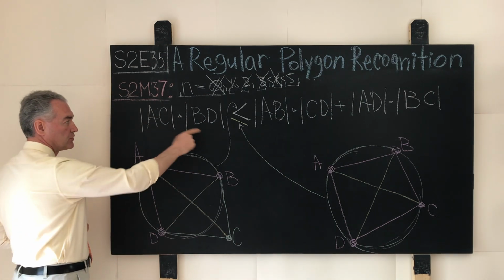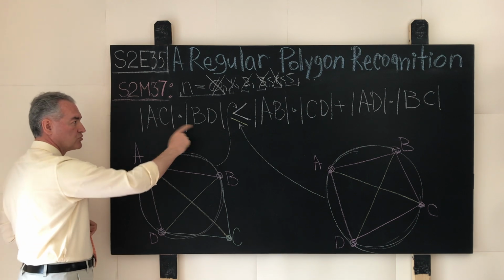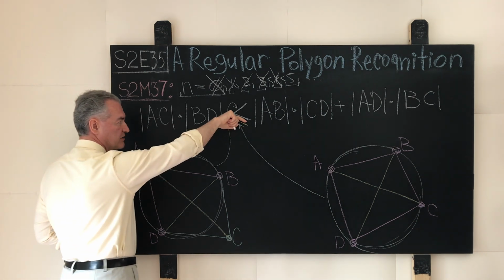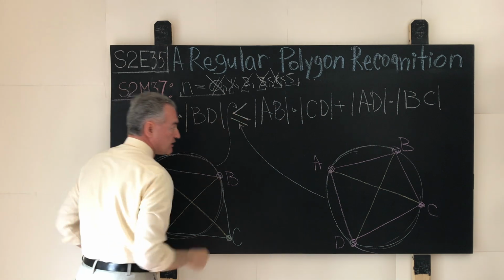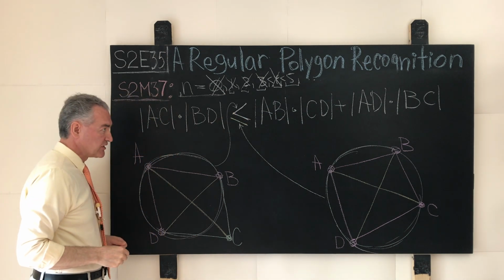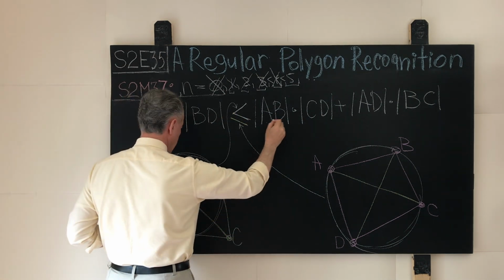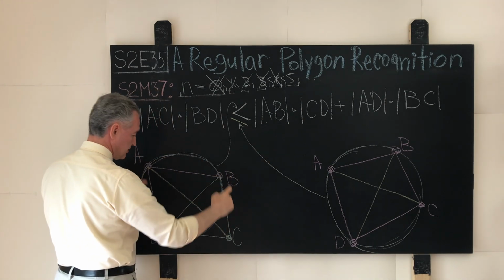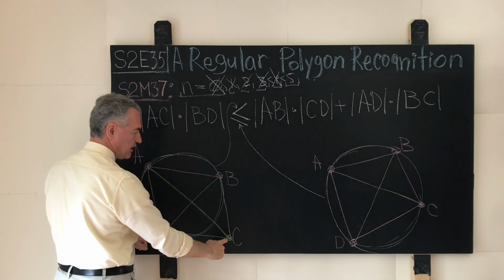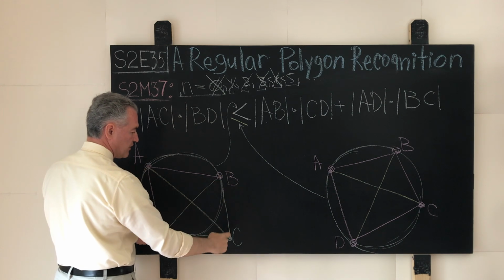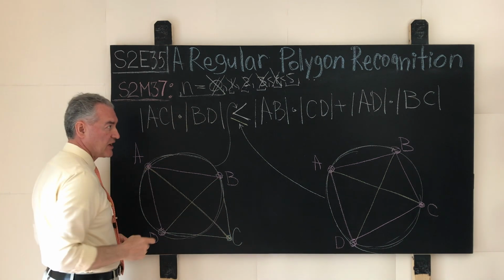So this is 1, 2 distances. The product of these distances is always strictly less, in this case, than the sum of the products of the following distances. Between the points A and B times the distance between the points C and D. So this is 3 and 4. And the distances 5 and 6 are what?